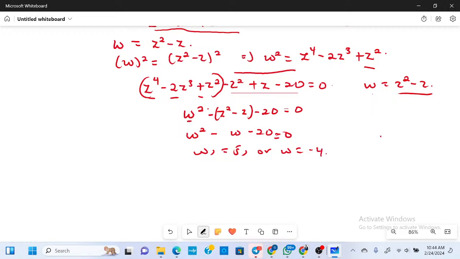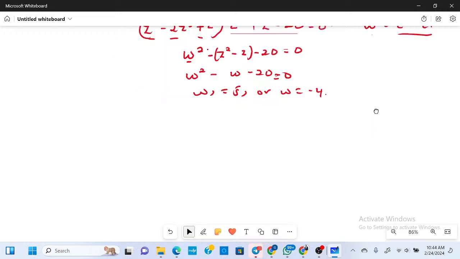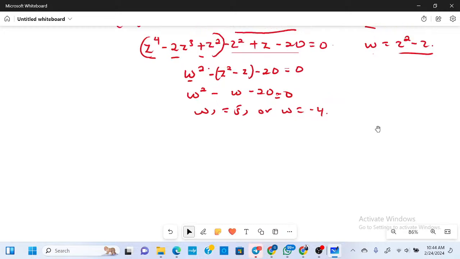But you know that W itself is equal to Z squared minus Z. So I'm going to replace my W here with 5. So I'll have Z squared minus Z is equal to 5.